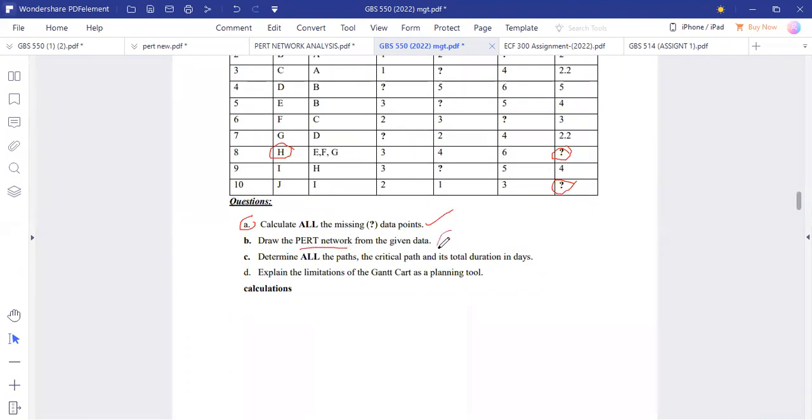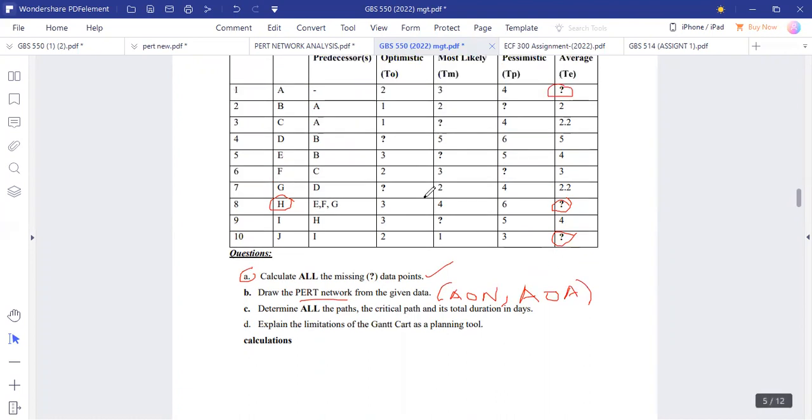We can use either activity on node or activity on arrow. The examiner will not give you one unless they specify, but we have activity on node and activity on arrow.